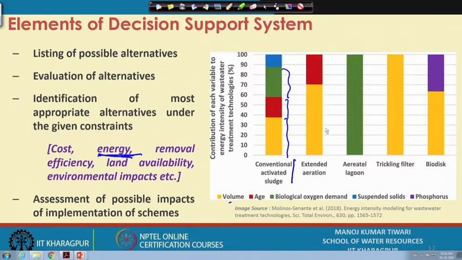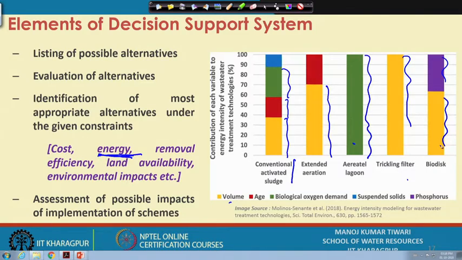Your extended aeration is primarily focused on the volume and age. Your aerated lagoon, all the energy requirement is for the BOD purpose. Okay. The volume or age does not matter that much. For trickling filter, it is basically all the volume. Okay. And biodisk, it is phosphorus or the volume of the system.